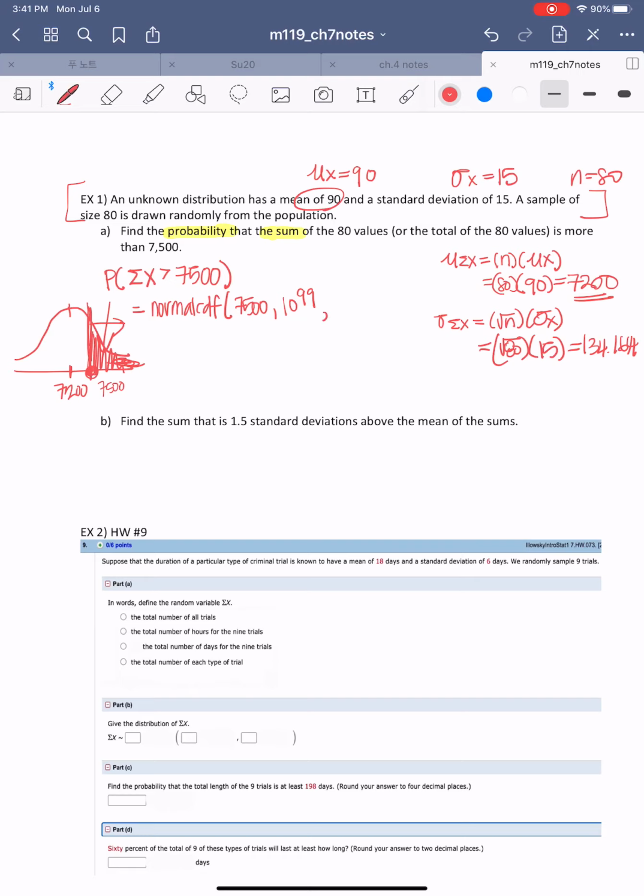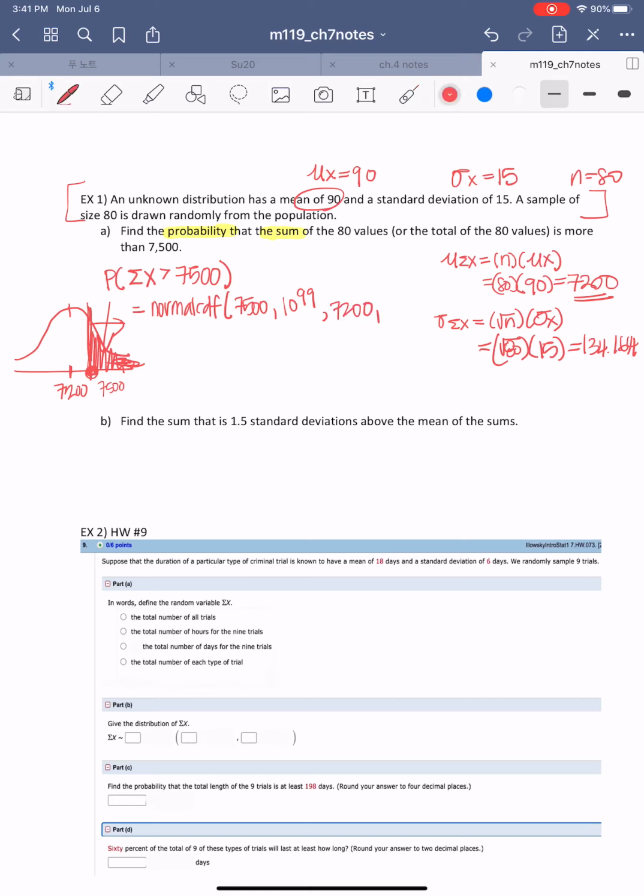Mean, now don't forget, we are dealing with the sum. So you want to use 7,200, not 90. 90 was your x. You are dealing with the sum, so you want to use the mean of the sum, 7,200.